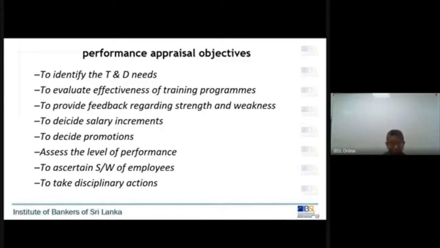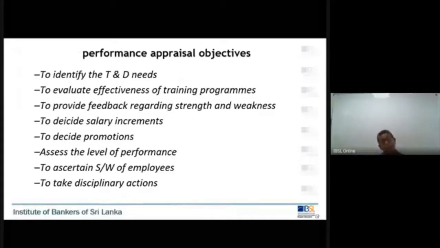Spending some money. Then in the next year's evaluation, the manager notes that you have not improved in that area, despite the fact that you were sent for the training program. So you can identify that the training program conducted to improve that area is not effective enough.